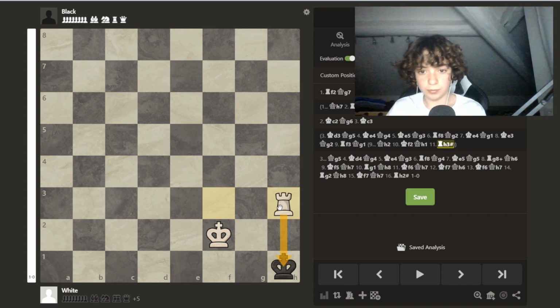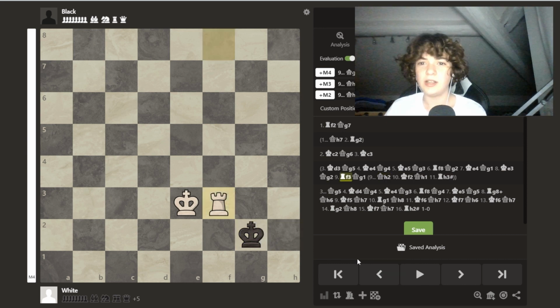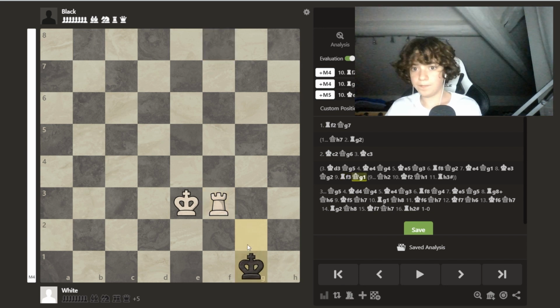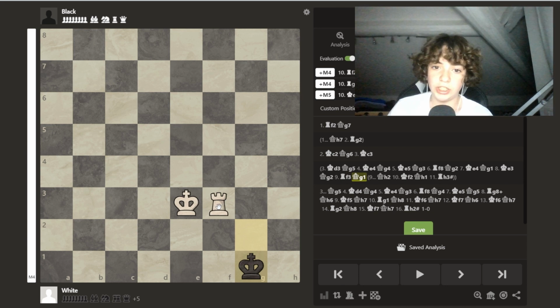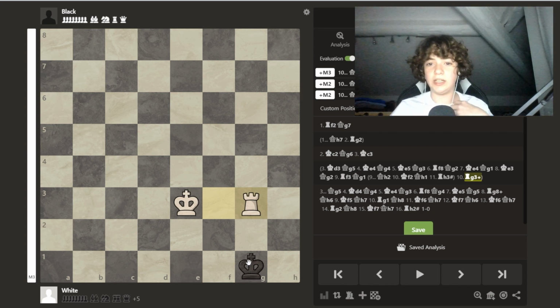So you checkmate your opponent like this. But there's also a little bit more of a tricky line if your opponent refuses to go to the edge of the board, where they go g1. What you have to do is check your opponent without being able to be taken. If he goes to h1 or to the edge of the board, then you're just gonna push your king.